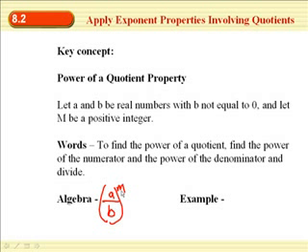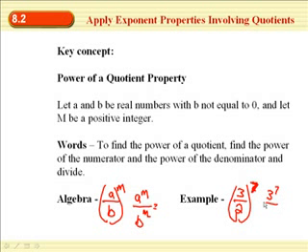Just like we did with the other, you're going to give each one of them the power. So it's going to be a to the m over b to the m, and then you divide out the answer. So 3 halves to the 7th would be 3 to the 7th over 2 to the 7th, and you divide it out.